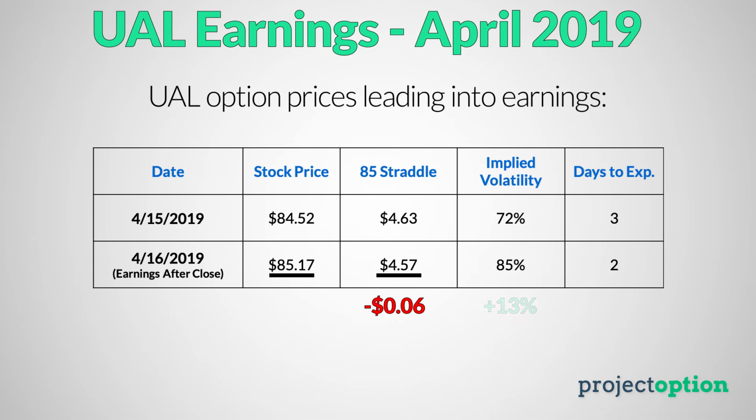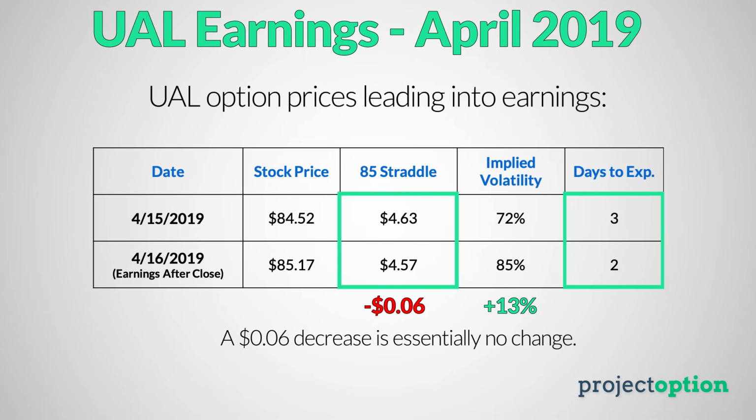The implied volatility of the weekly cycle had increased from 72% to 85%, despite seeing no change in the option prices. Again, the reason implied volatility increased is because the options went from 3 days to expiration to 2 days to expiration without any loss in value.